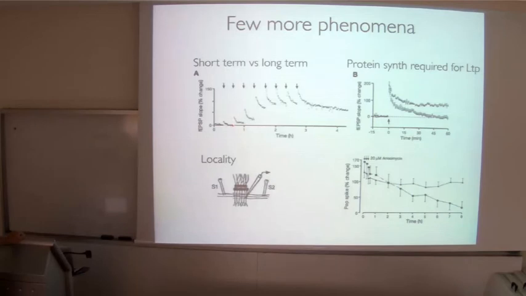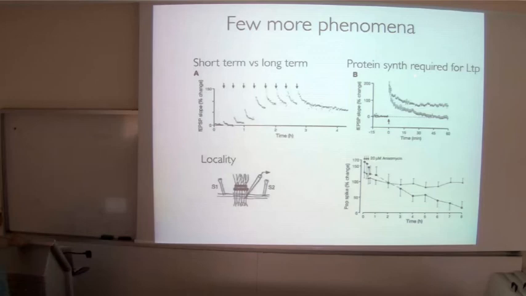Then you get potentiation for a short term, but then it decays and stabilizes on a different value. You do it again, you get another one. You see that the baseline all the time increases. At some point it saturates. You don't get more long-term potentiation, but every time you give the tetanus, you get this transient. Okay, so this is one thing.